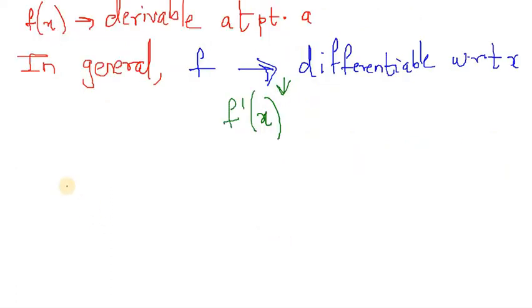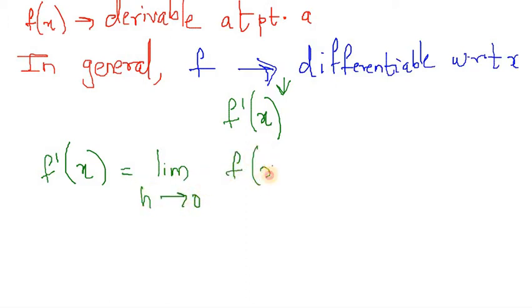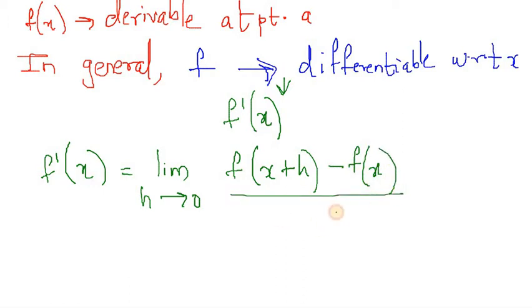Therefore, I can say that f dash of x equals to limit h tending to 0, f of x plus h minus f of x upon h.